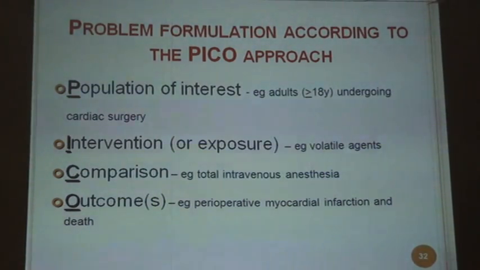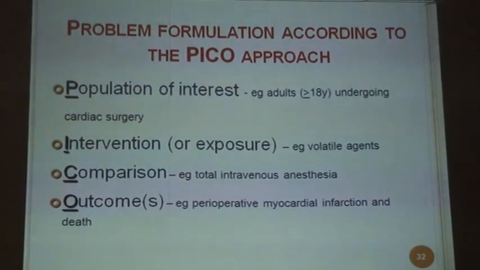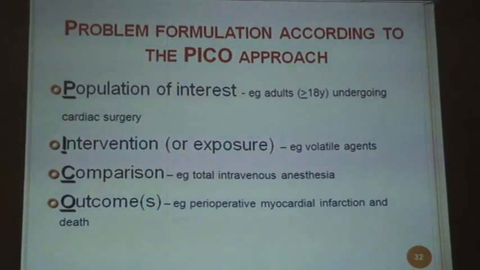If you are using this versus this, then what you are going to show to the entire world. So that is the PICO approach, very commonly used, and in many of the articles you see this kind of approach, which is very commonly adopted.